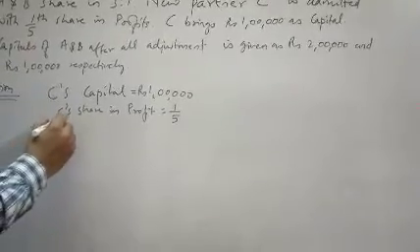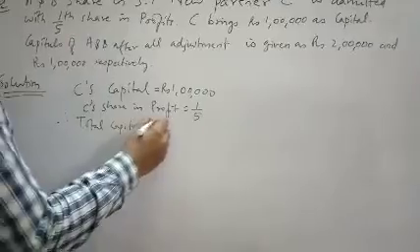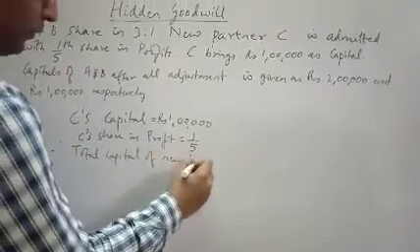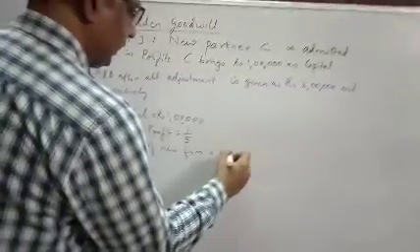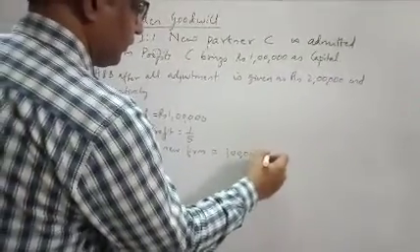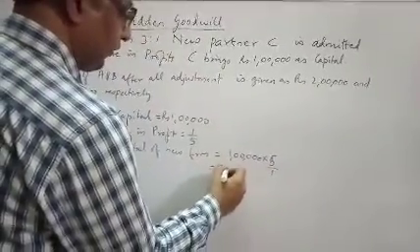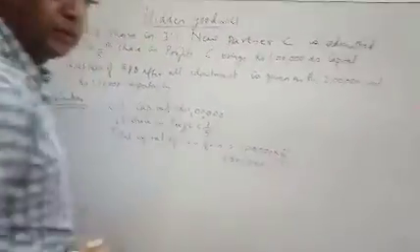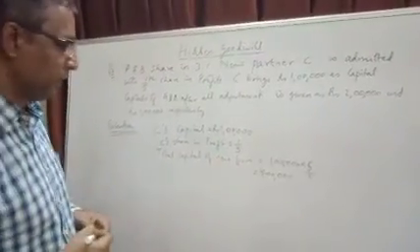Therefore, total capital of new firm will be 1 lakh into 5/1, that is 5 lakhs. We have found out the total capital of the firm.